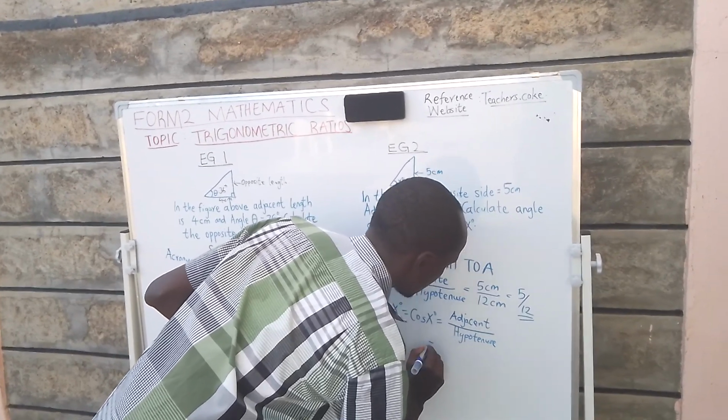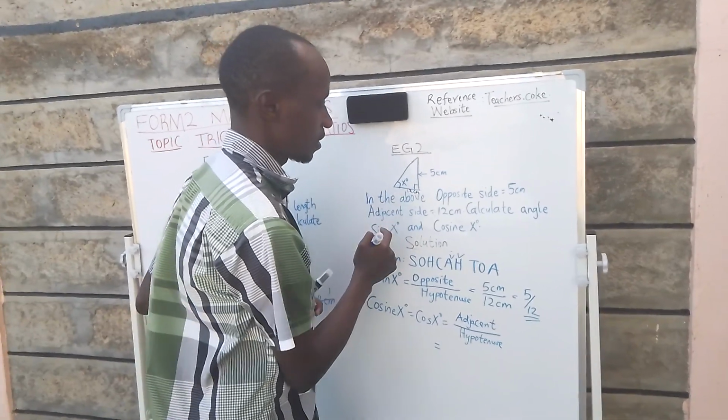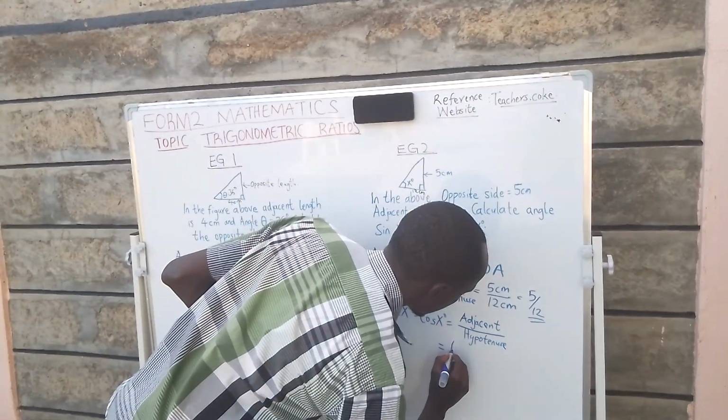So what is the adjacent side? The adjacent side of x is 12 centimeters.